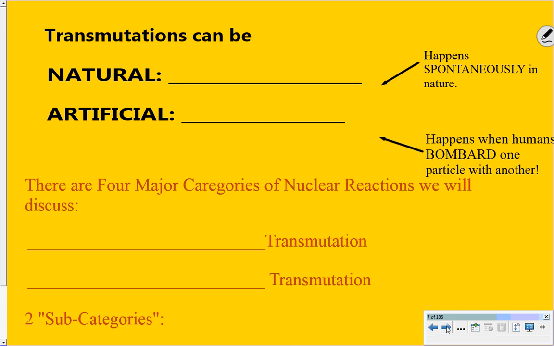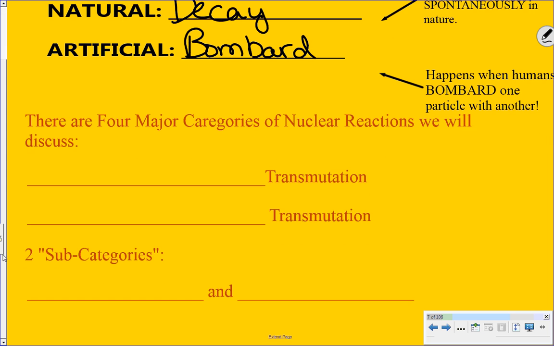There are 2 major types. There's natural decay. This happens spontaneously in nature, such as carbon-14 radioactively decaying in nature. We can also bombard one atom with another or with a particle and cause an artificial or man-made transmutation. This is how man-made elements are created when you think about things like particle accelerators.